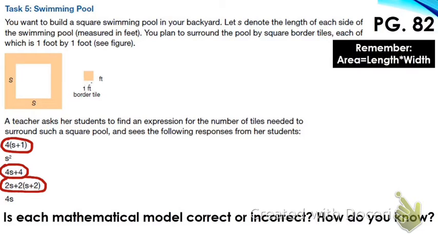So I'm going to write this down. If you guys don't have anything written on the lines yet, you really should add this because I want to talk about what each of these expressions means in the context so that we can accurately evaluate which ones would tell me the right numbers of tiles. So this is 4 groups of tiles the same length as the pool.